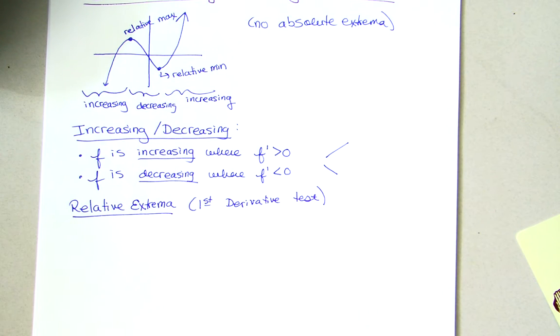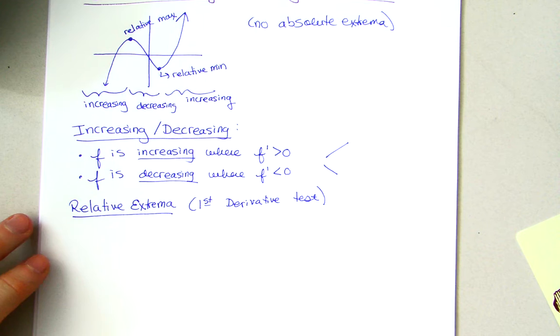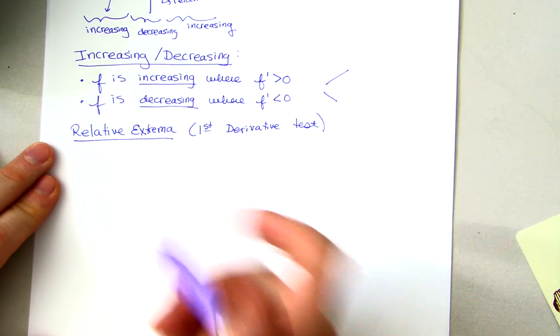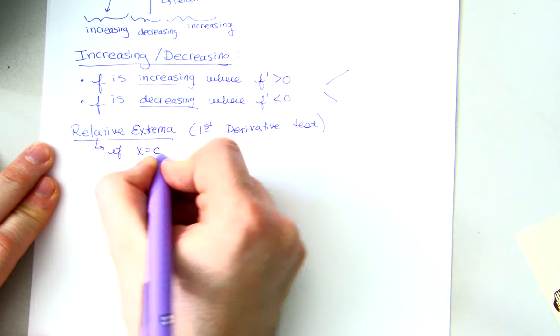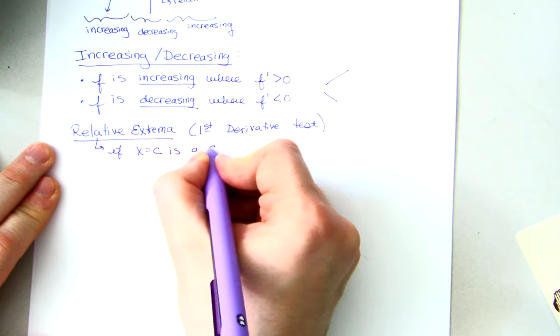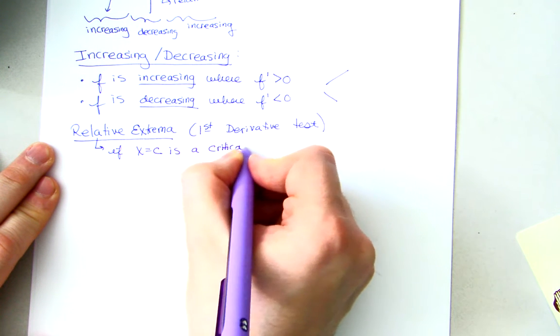Before we start, these can only occur at critical values. We talked about finding those critical values last time where the derivative is 0 or undefined. So my first part of the definition of a relative anything is if x equals c is a critical value. We first need a critical value.